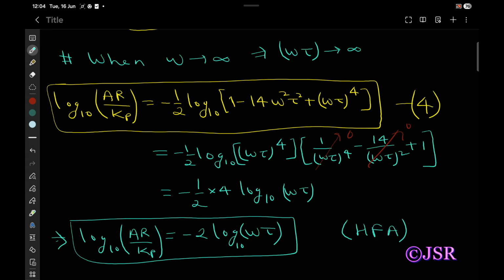So this is the high frequency asymptote with slope of minus 2.